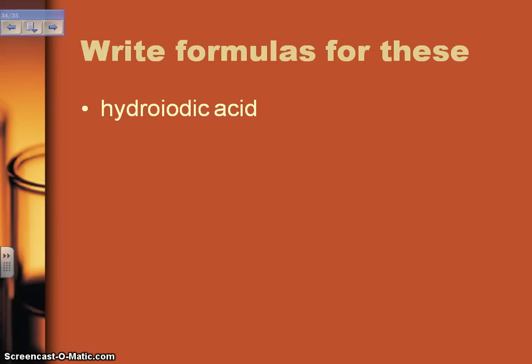Now, writing formulas for these, we have to make sure our charges balance out. So we see hydro, so we know this is a binary acid. We know we have hydrogen and we have iodine. +1, -1, we only need one of each to have the charges balance out, so our formula is going to be HI.